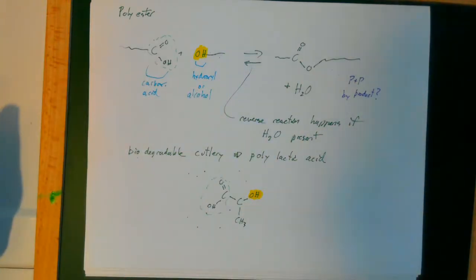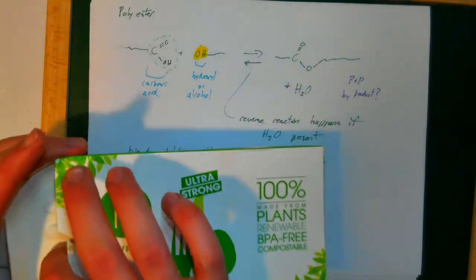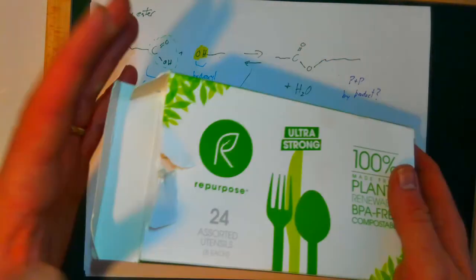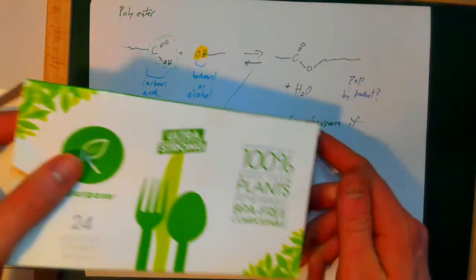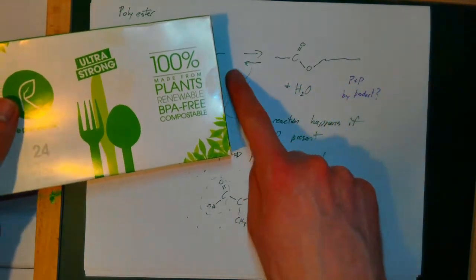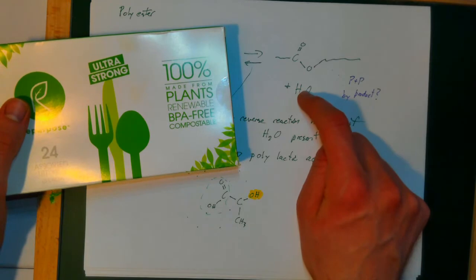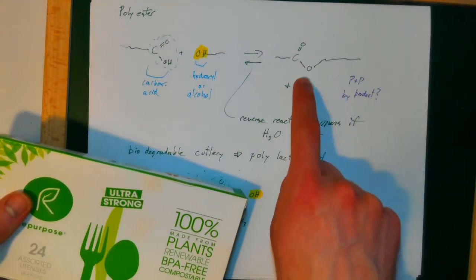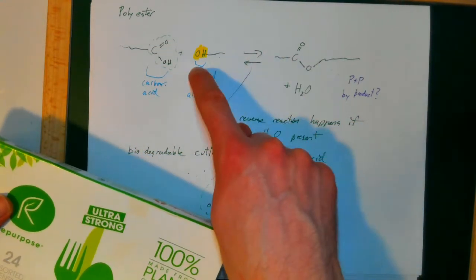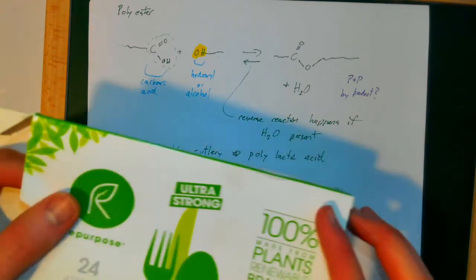And the nice thing about this biodegradable is, the forward reaction happened reasonably quickly during the manufacturing process. But once I put these in the compost pile, they'll be exposed to the moisture in the air and soil, and that water can then attack this ester bond and degrade it back into its constituent monomers.